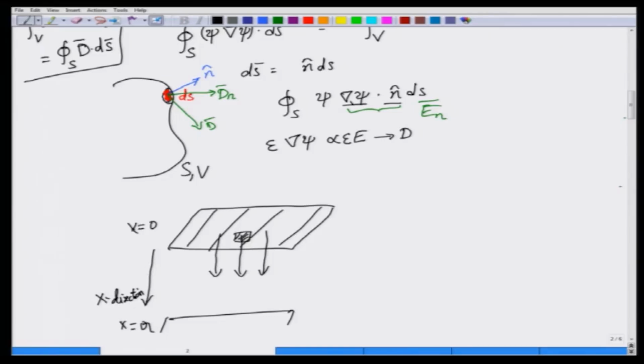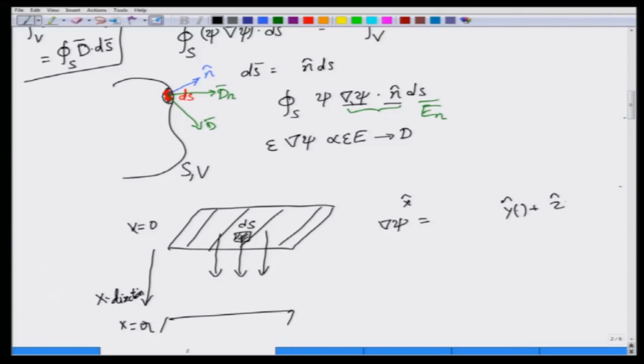So, what is the normal to the top surface of the elemental area that I have considered? The normal is actually along the x direction, correct, and what is the gradient of psi? Well, one interpretation was in terms of the electric field, so clearly that should give you the normal component of the electric field, but that is one thing. If you expand the gradient of psi itself in the Cartesian coordinate system, you will see that there are terms with y and terms with z.